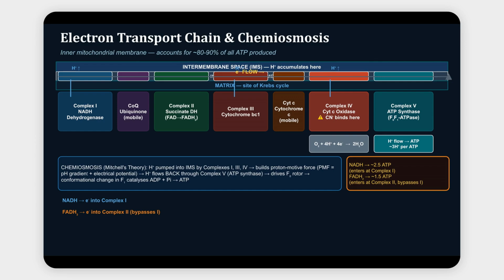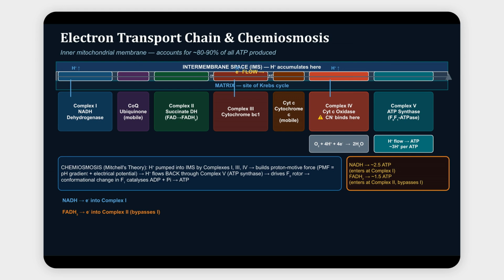Complex 4, what we are calling cytochrome C oxidase, is the final or terminal enzyme. It accepts electrons from cytochrome C and passes them to the final electron acceptor, molecular oxygen. 4 electrons combine with 4 protons and 1 molecule of oxygen to produce 2 molecules of water.